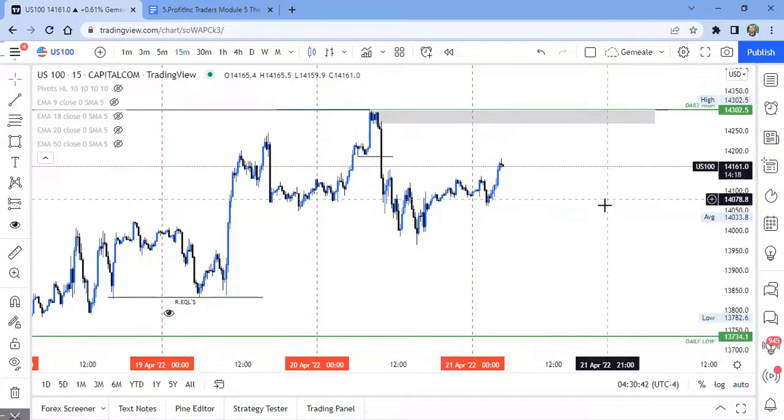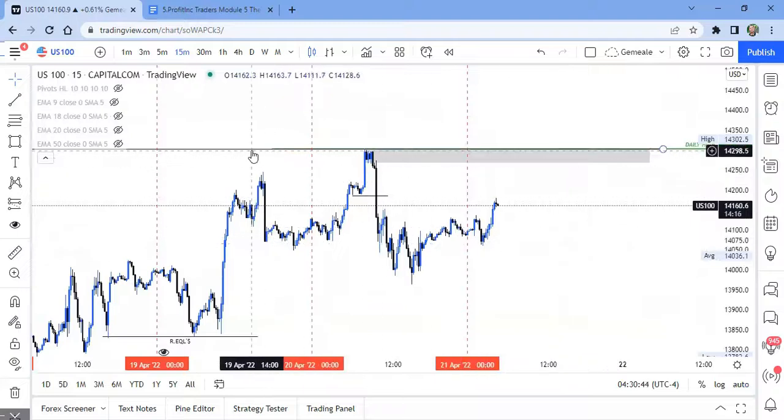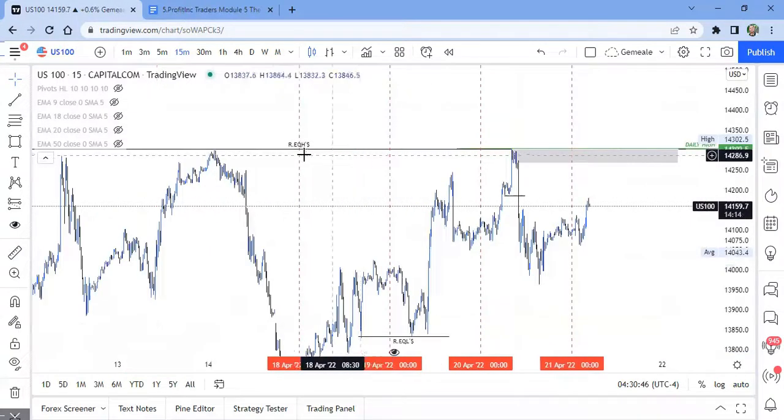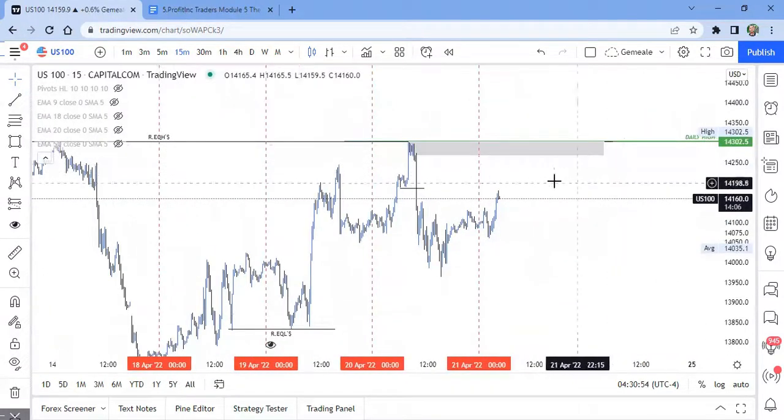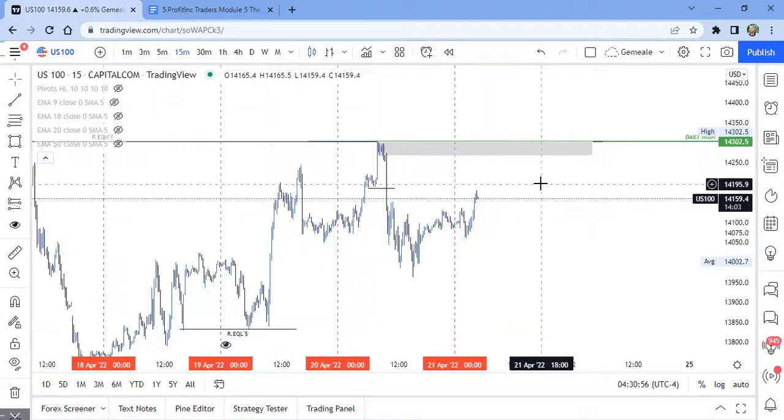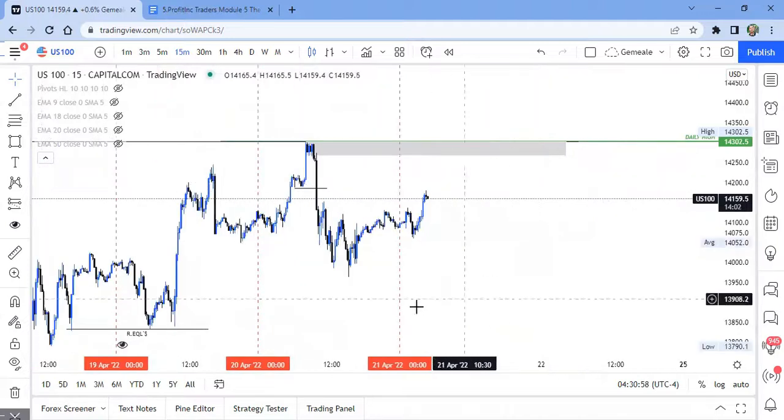And another thing, guys, it is also in confluence with our relatively equal highs, zone of resistance, and the daily high. So this is a very important level that we'll be watching.